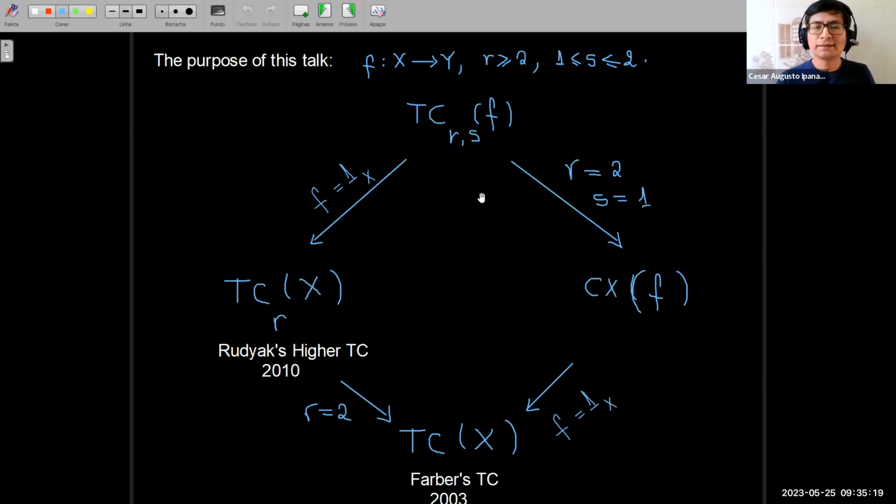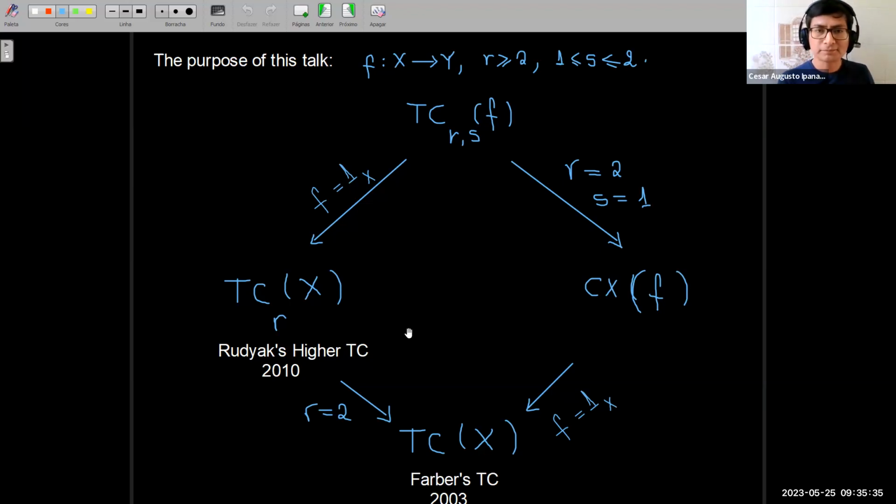This new numerical invariant generalizes in particular Rudyak's higher TC and the Pavesic topological complexity for a map.